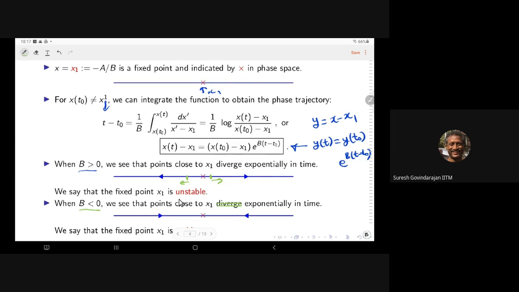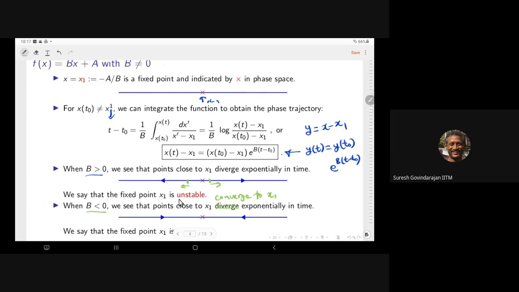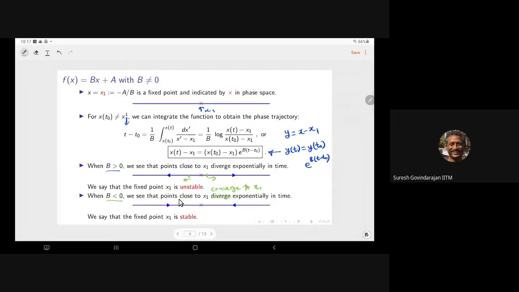they don't diverge, they converge to x1 exponentially in time. So now it gets closer and closer, and at t equal to infinity, it will hit the fixed point. Okay, so then we say the fixed point is stable.